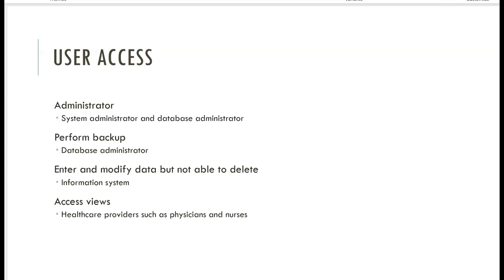Through the creation of this department, information system, this is where database administrator responsibilities became divided. They're able to modify and enter data. However, they're not able to delete it. This is to avoid any errors in the future with accidental deletions or incorrect data leading to that.